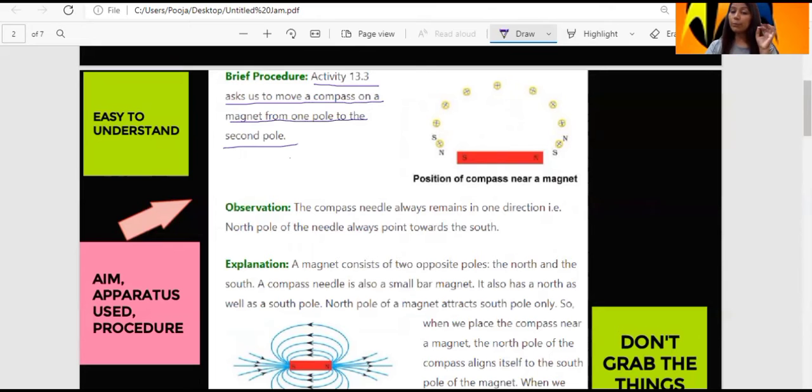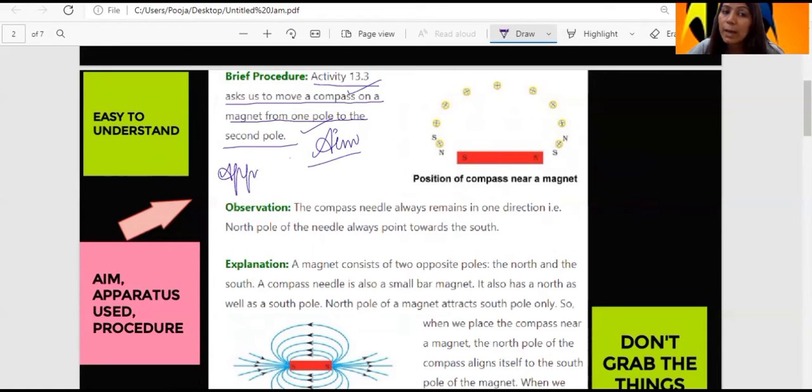It means when we move a compass needle from one pole to the second pole, how does the compass needle move? This is the aim of this activity. We will mention the compass position and check the magnetic field lines.